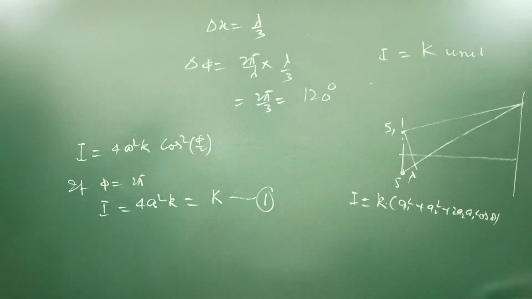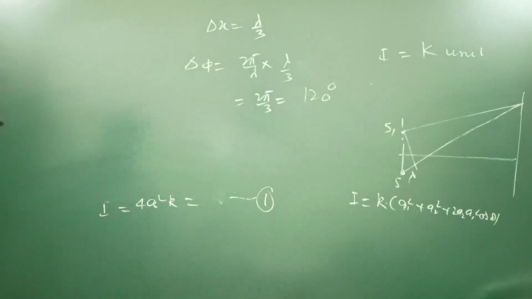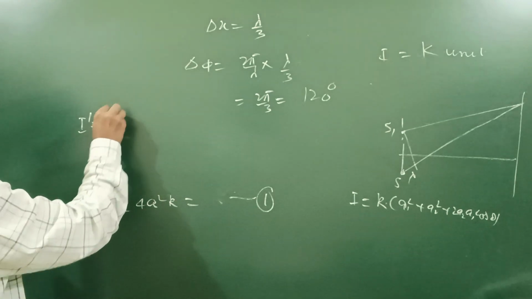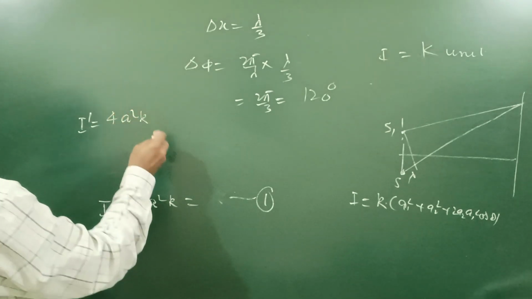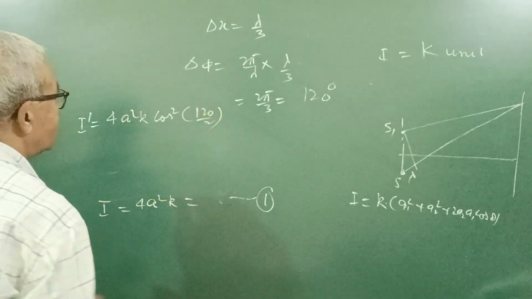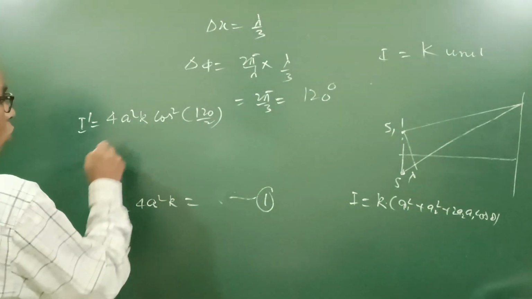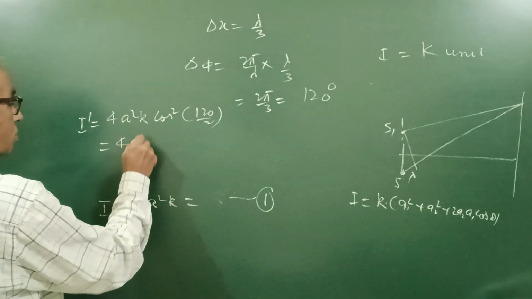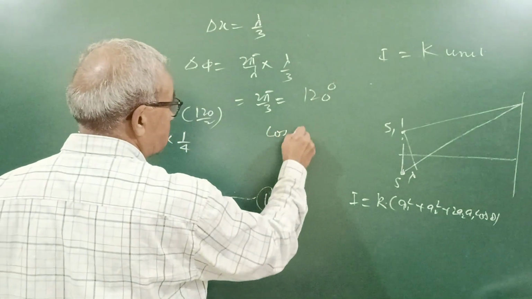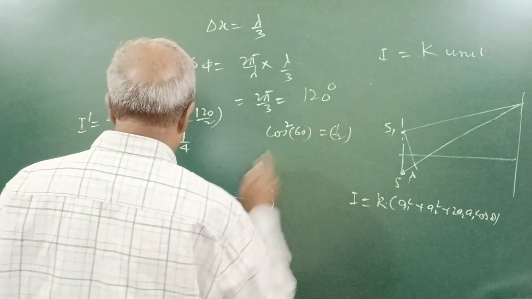And therefore the intensity at that point, let it be I dash, will be 4a square into small k into cos square of 120 upon 2. 120 upon 2 is 60, so cos square 60 is cos 60 whole square, which is 1 by 4.